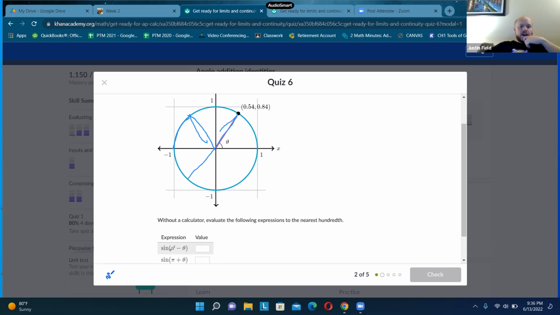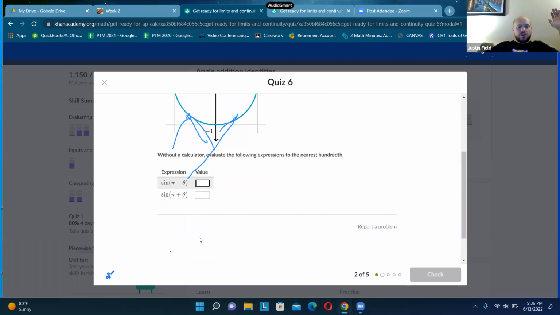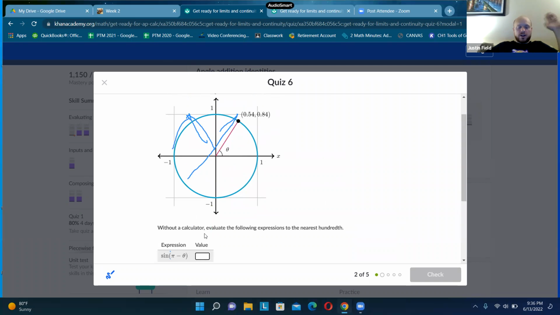So that is pi subtracting theta. It's a reflection across the y-axis, and the sine is the y value. So I'm thinking it's going to be 0.84. Just reasoning through, thinking through it for the first time in years here.